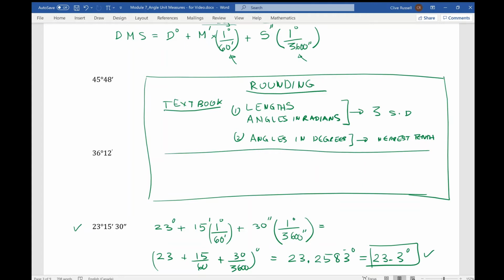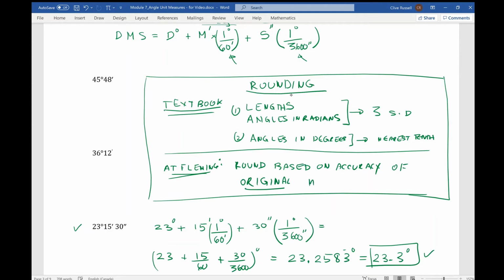Now, as far as we are concerned, so I'm going to say at Fleming, or for this course, I should say, we always round based on accuracy. And accuracy of what? Of the original measurement.